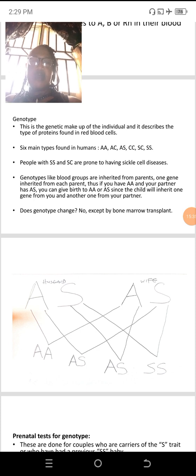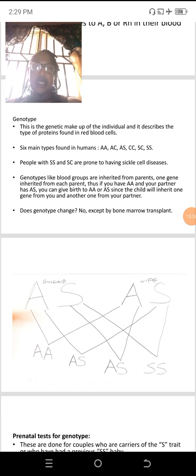So if the baby receives A from the husband and A from the wife, then the baby will be AA. On the other hand, if the baby receives A from the husband and S from the wife, then it will be AS. But if the baby receives S from the husband and S from the wife, then the baby will be SS.